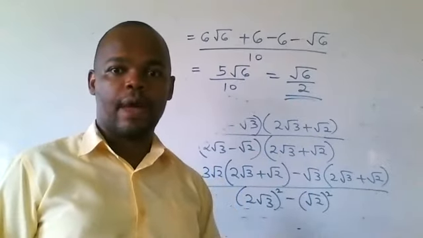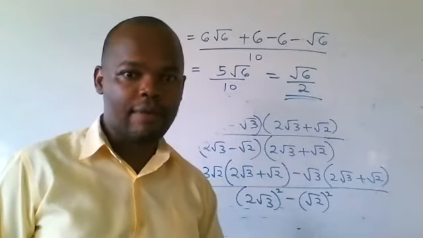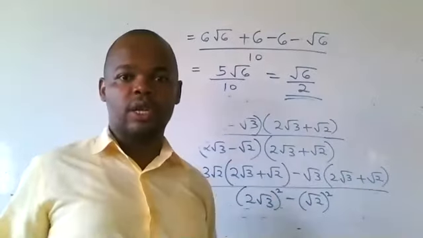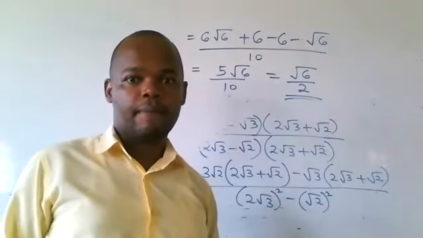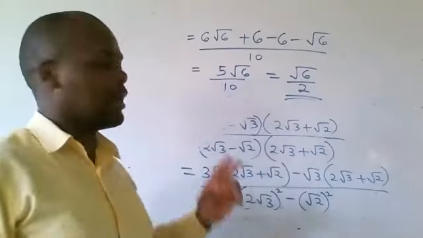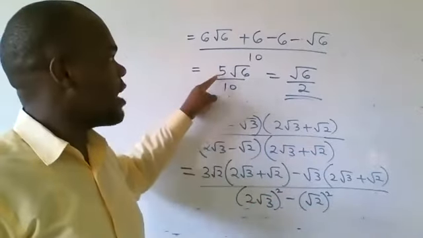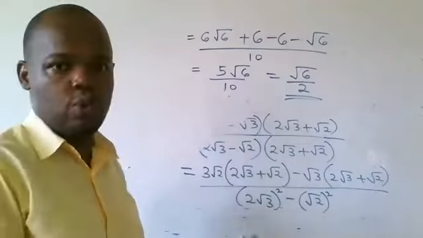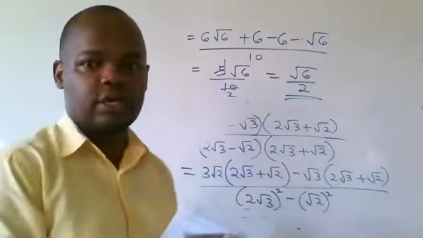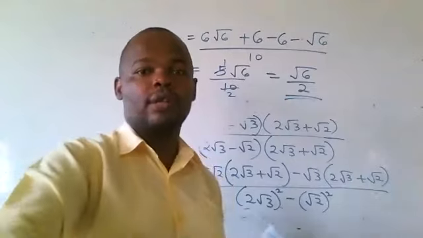Are we together, Alvin? Yeah. And then the 6 minus 6 goes to 0. So is that clear? Yes, it's clear. So 5 square root of 6 over 10, and then I simplify by 5, 1 by 5, 2, and I get square root of 6 over 2. So it's good you ask a question.